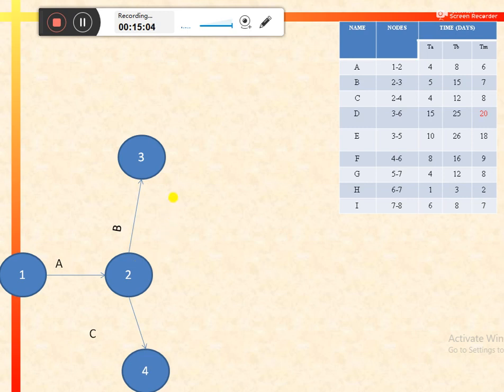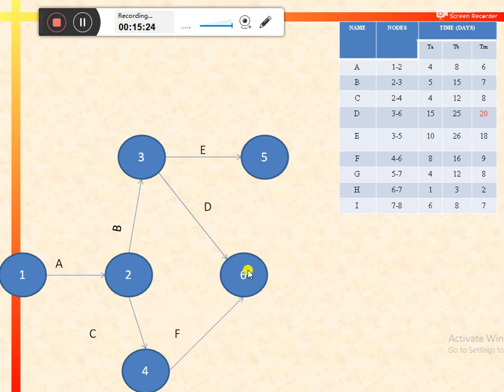Activity D is starting from node 3 and terminating at node 6. So we can draw it like this. Activity E lies between node 3 and 5. Activity F is between node 4 and 6. Activity G is starting from node 5 and ending at node 7.